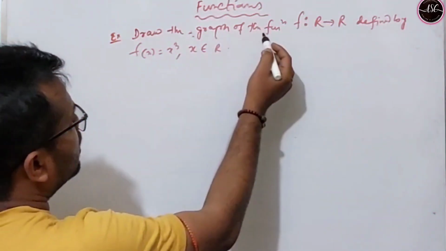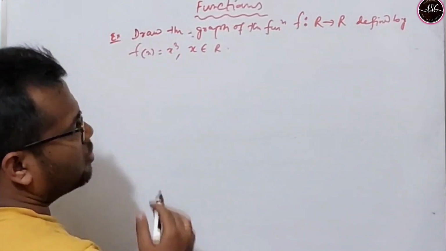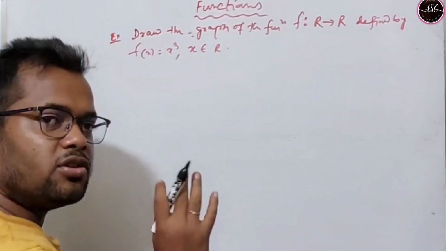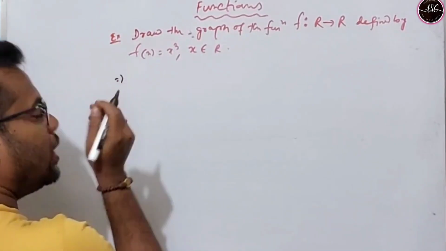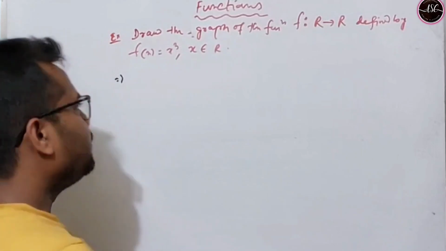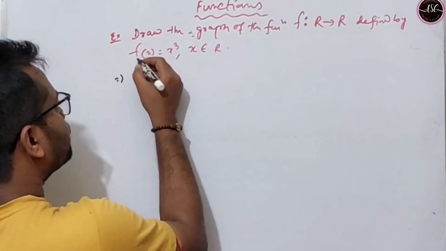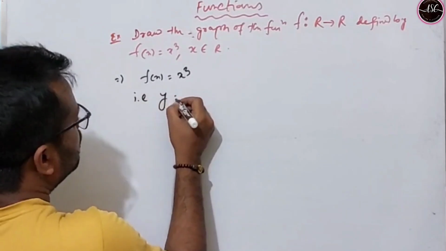Look at this question. Draw the graph of the function f from R to R defined by f(x) = x cube. This is also a polynomial function, x belongs to R. Here f(x) is equal to x cube, that is y = x cube.